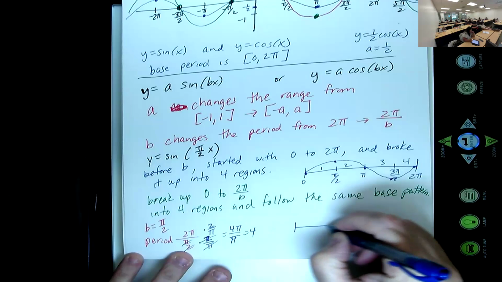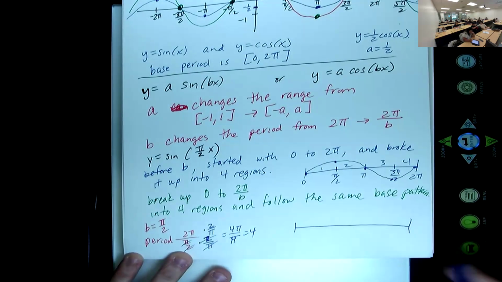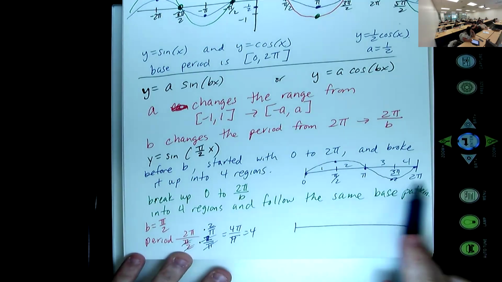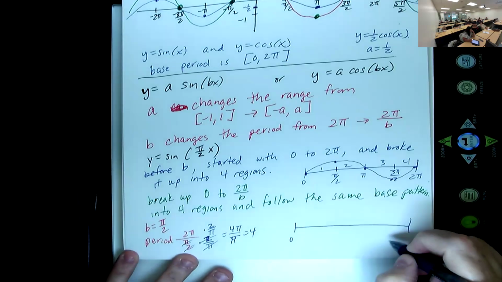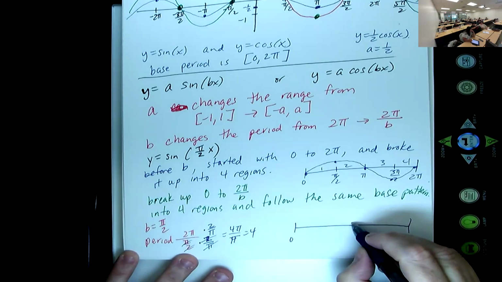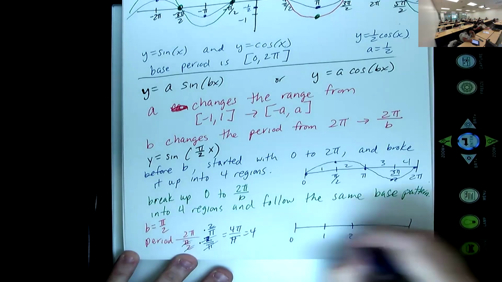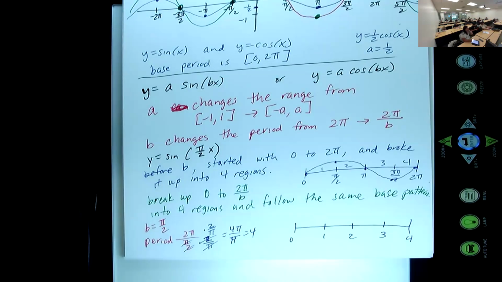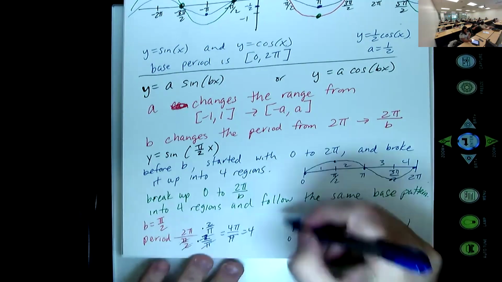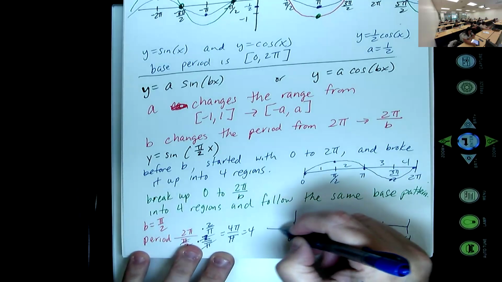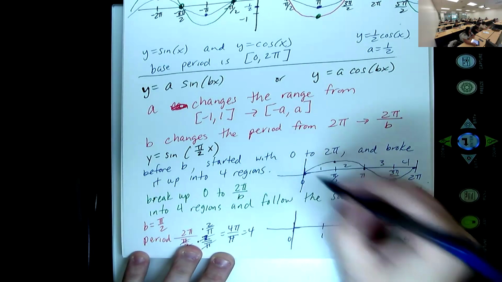So, rather than our axis or graph being along every pi over 2, we're going 0 to 4 and we'll break this up into 4 regions. Easiest way is to cut it in half once and then cut those in half again. I make this a little taller.